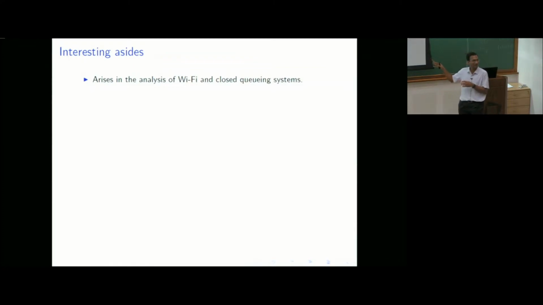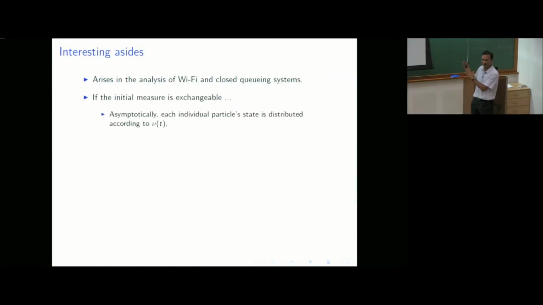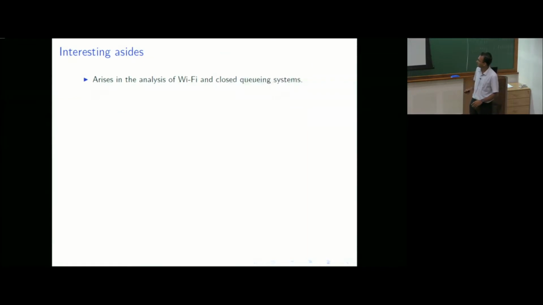But in this continuous time Markov chain world, exactly one particle will transit. So there are some nuances, but this is a simplified model of that more nuanced Wi-Fi model. It also arises in many queuing systems. That's the reason I was interested in this, and maybe I will describe a little bit more about its use subsequently.